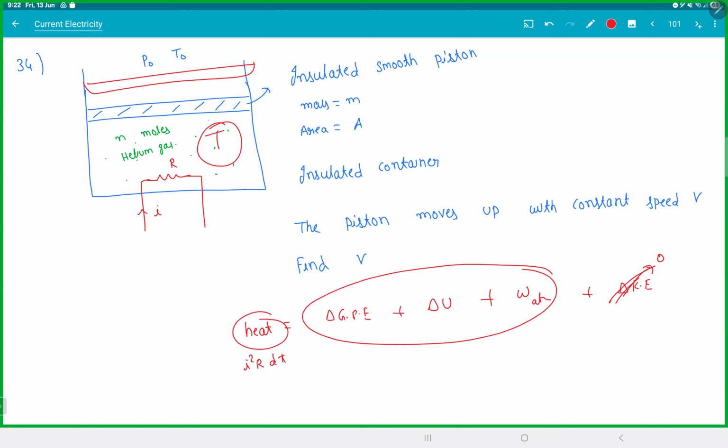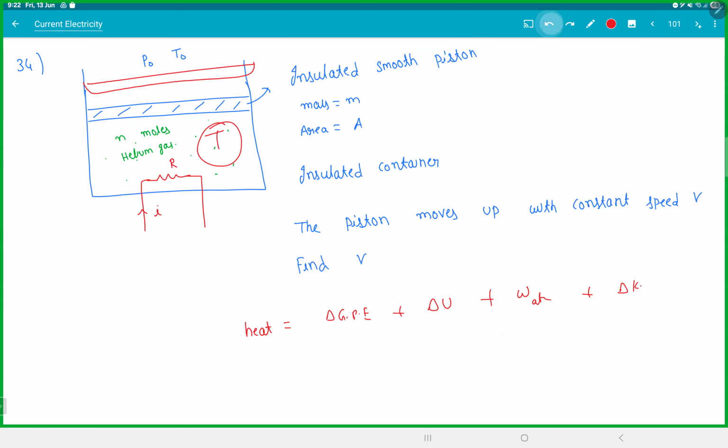All the energy is not just used to push the piston. That is the main catch actually. Whatever heat I'm supplying, where is it going? If you ask yourself that question, then you will see where this energy is going. Start from there.